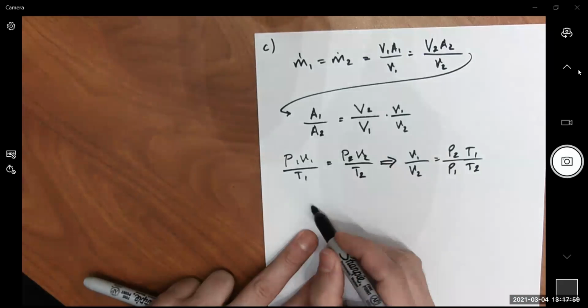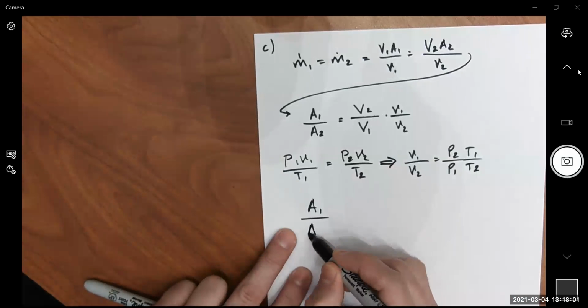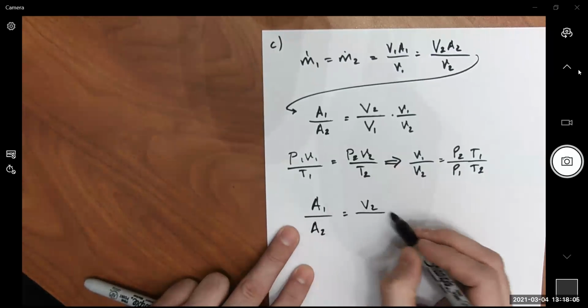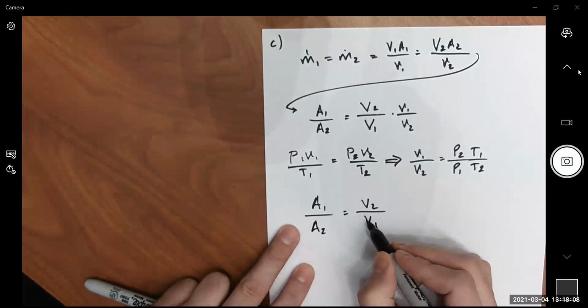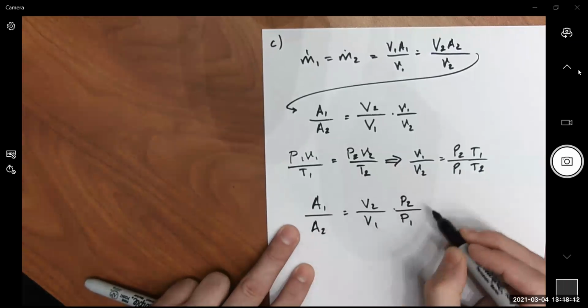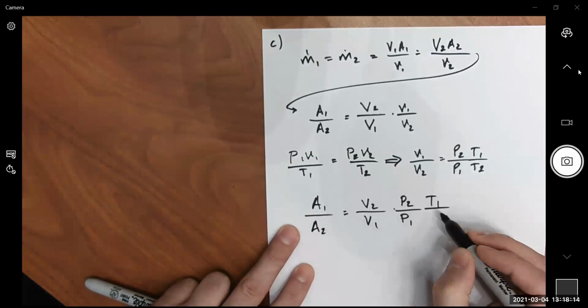My area ratio, A1 over A2, will be equal to velocity at the exit divided by the velocity at the inlet, times pressure at the outlet over pressure at the inlet, times temperature at the inlet over temperature at the outlet.